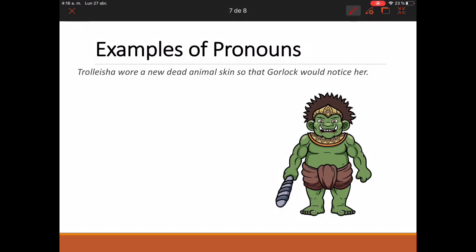There is more than one pronoun. The clearest one in this sentence is her. Also, we have that. But the ones that we are learning, her and that. Do we have more? No. So let's see.